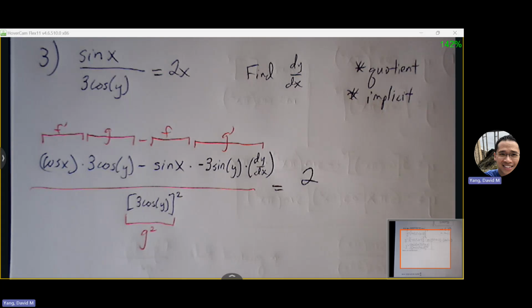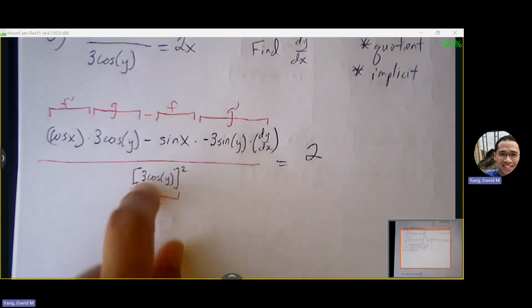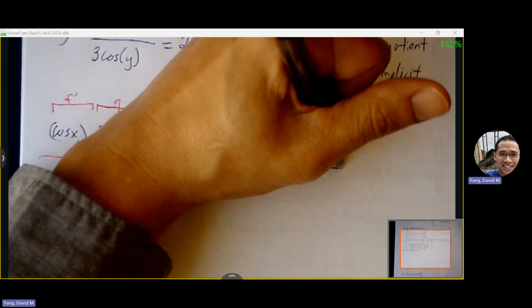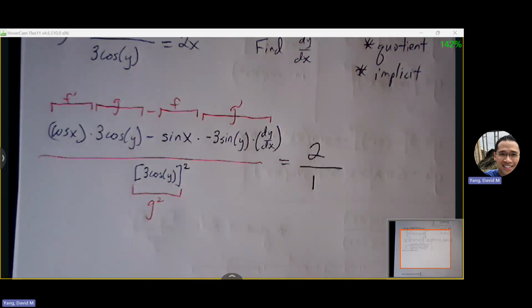Okay, so that dy dx is kind of stuck inside the equation here. I'm going to try to algebraically move some things around so that I can eventually get that dy dx to add and subtract in a way where I can isolate it. But whenever I see a fraction equaling a value, I can always force cross multiplication to occur.